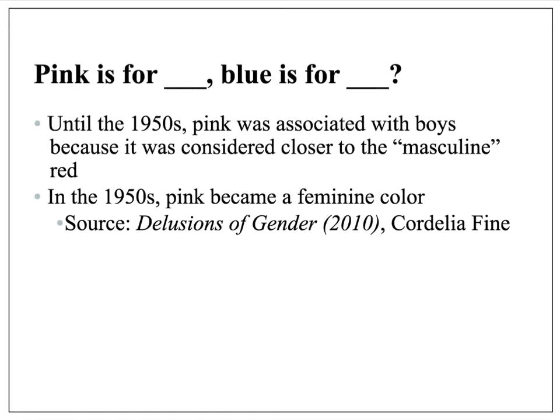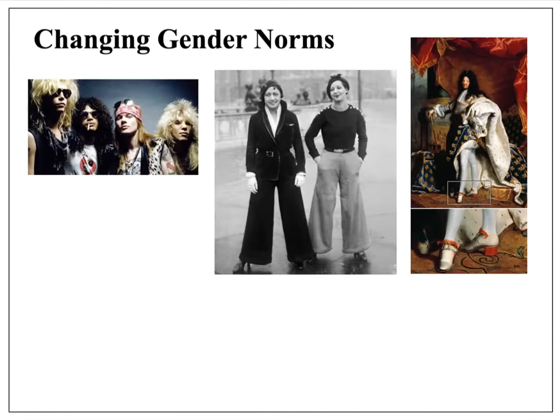However, gender norms and expectations change over time, and they're not cultural universals. Into the 1950s, pink was actually considered a very masculine color. And then in the 1950s, pink shifted to become more of a feminine color, and blue became more of a masculine color. So these gender trends and these gender socializations change over time.